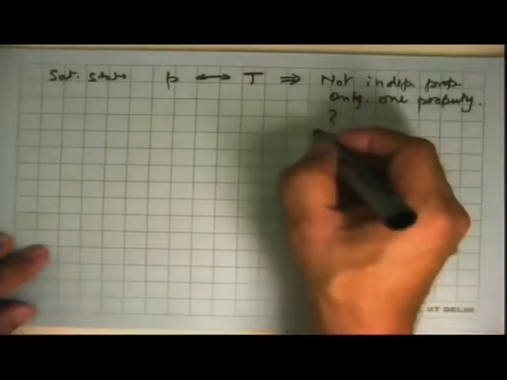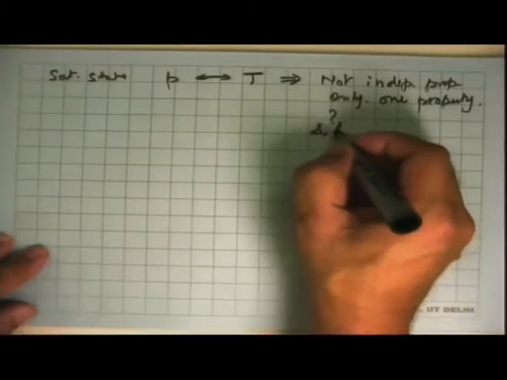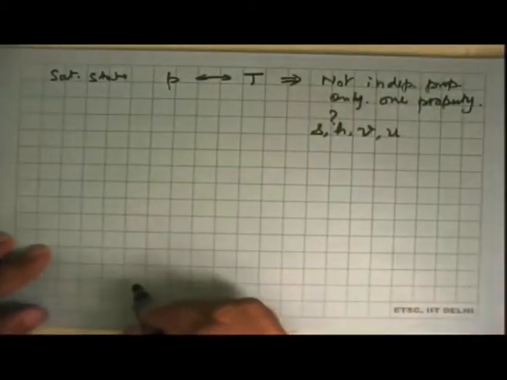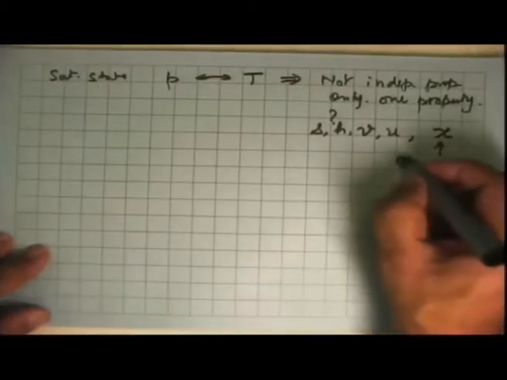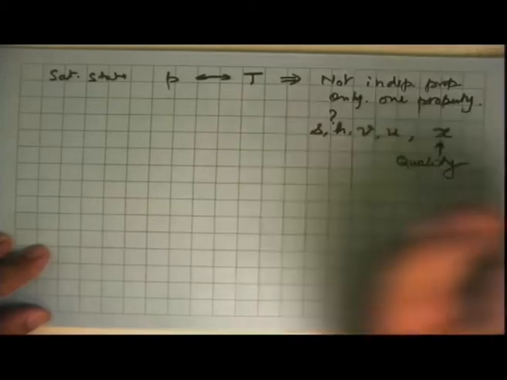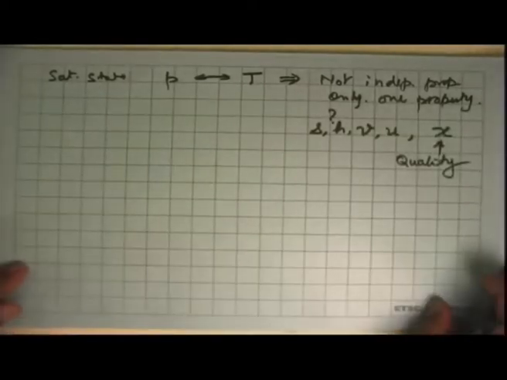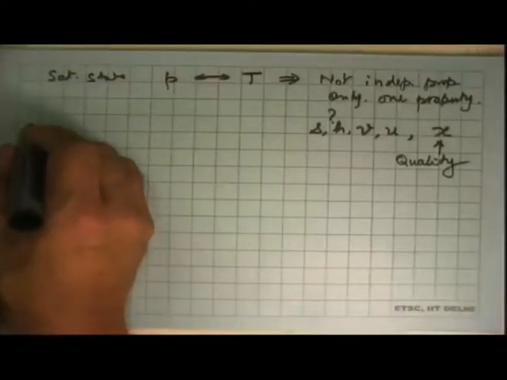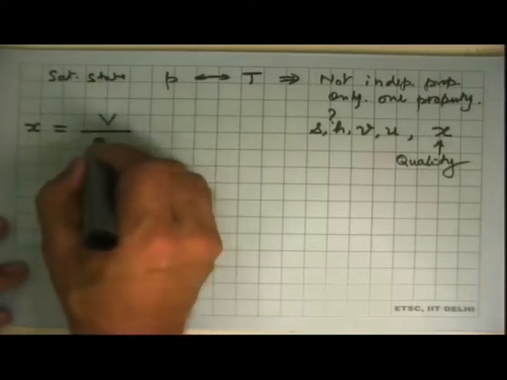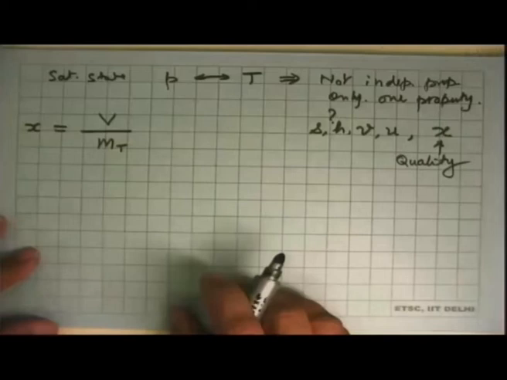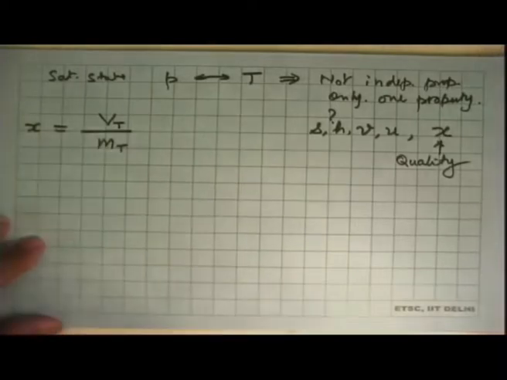That information can come either from data on S or H or V or U. But we introduced one more parameter that will complete this definition of the state, which we called X, the dryness fraction or the quality. And the way we defined X is that X is equal to the mixture volume divided by the total mass of the substance in that. What we mean by this, we can call it V total upon M total, meter cube per kg.